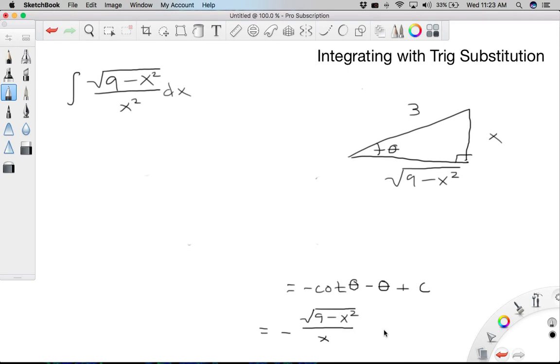And then theta, that's a little more tricky, right? Well, we know that the sine of theta is equal to x over 3, or 1/3 of x. Multiply both sides by 3 again. 3 sine theta equals x.